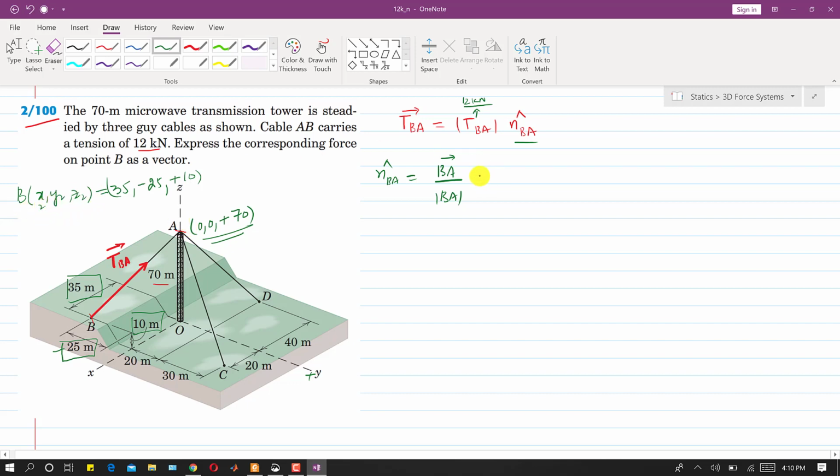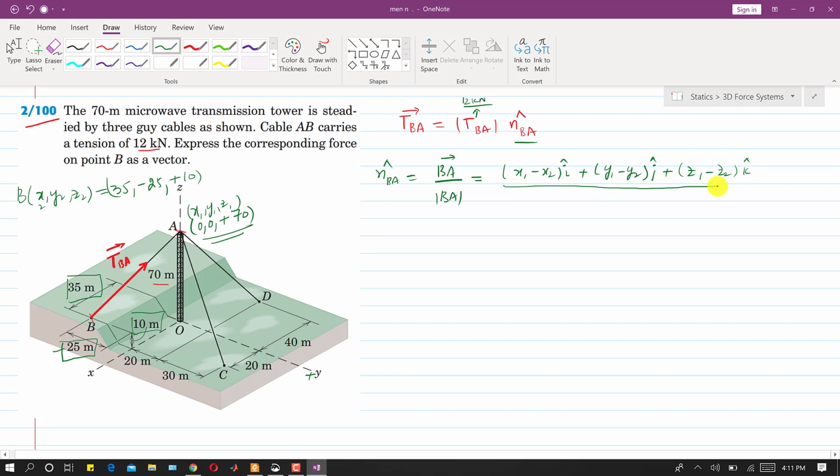So what we will do is subtract the corresponding coordinates of B from A, right? Let's suppose these are x1, y1 and z1. So I will write (x1 minus x2) i plus (y1 minus y2) j plus (z1 minus z2) k, right?